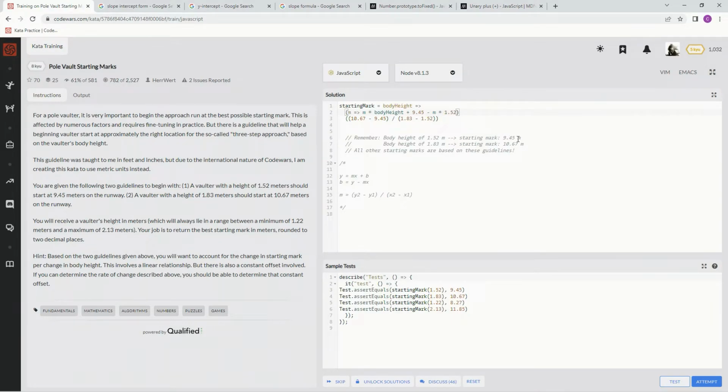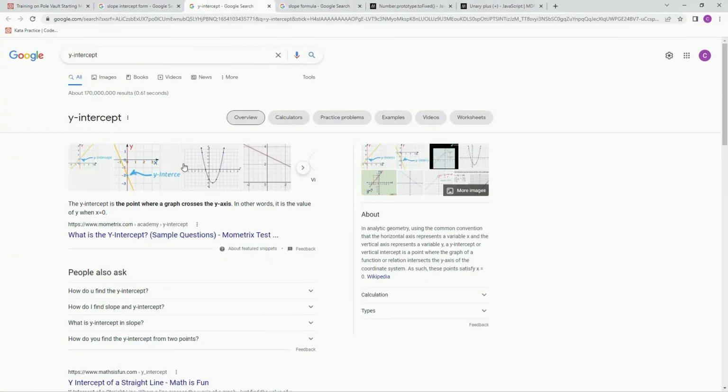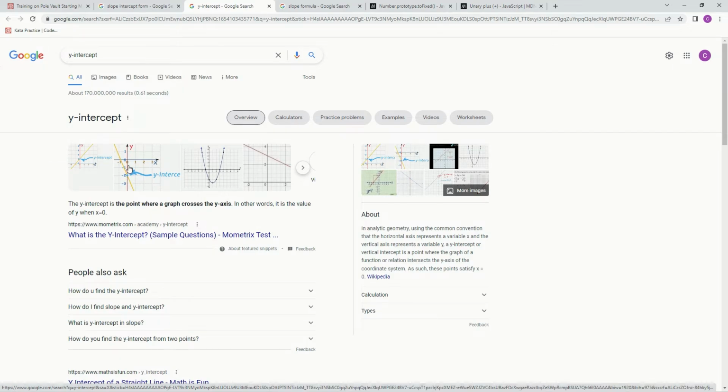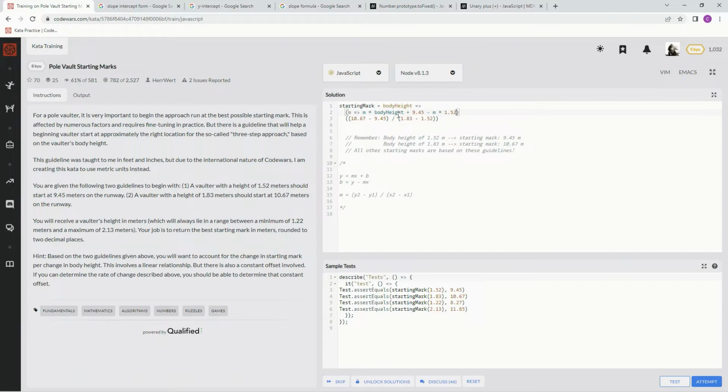Okay, since we're using this x and y to find the y-intercept. Okay, that's what b is, the y-intercept, where the line crosses at 0. Anyway, so now we've got all that, and that will come up with the answer.